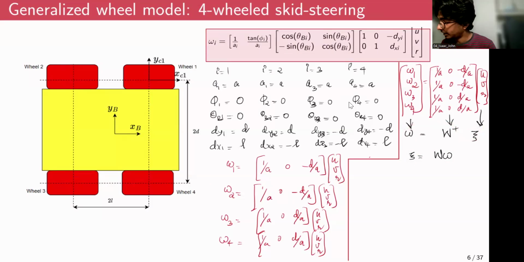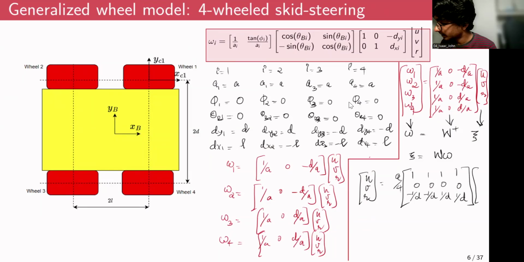So if you do that, at the end, you will get this final expression as UVR as A by 4 multiplied by 1, 1, 1, 1, 0, 0, 0, 0, minus 1 by D, minus 1 by D, 1 by D, 1 by D, this multiplied by omega 1, omega 2, omega 3, omega 4.